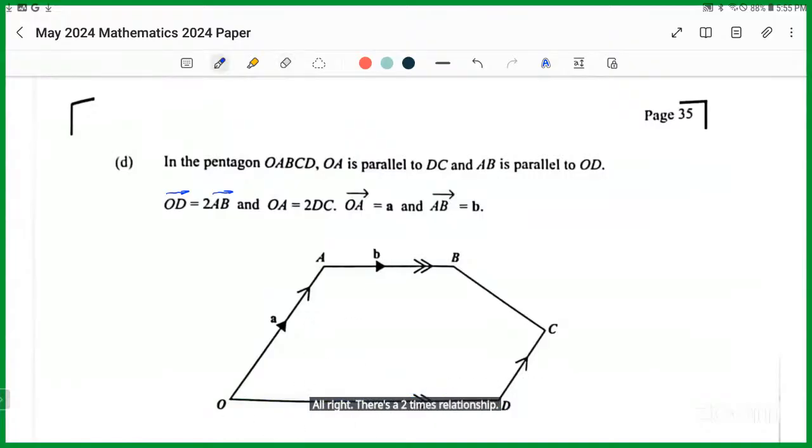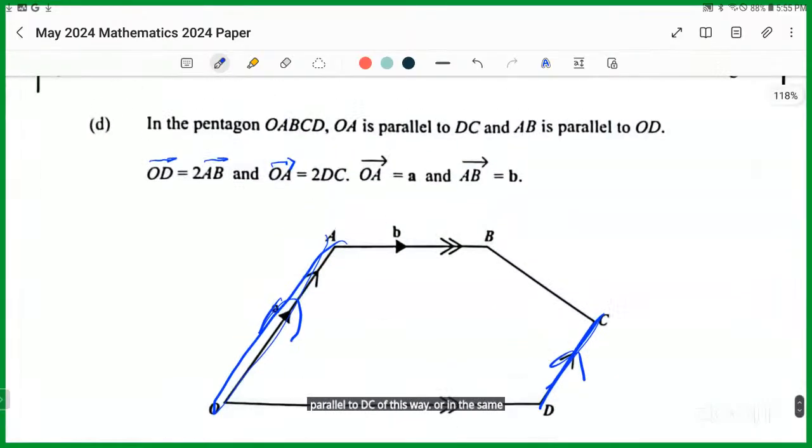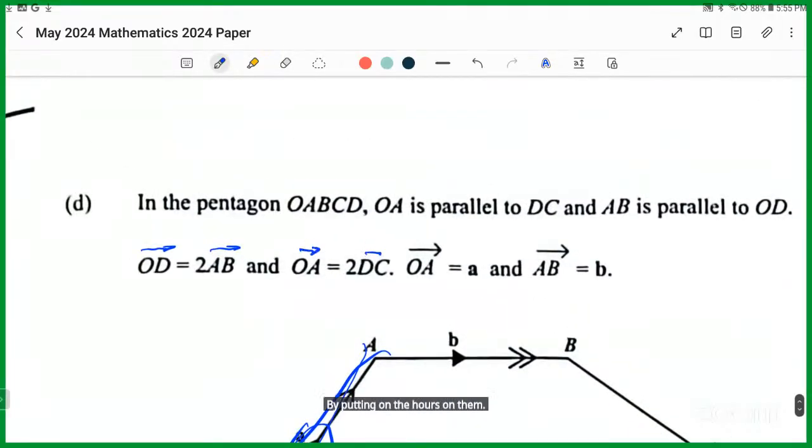And similarly, OA right here is parallel to DC, going in the same direction, and because this is a scalar equation, I can turn it into a vector equation by just putting on the arrows. Simply because the direction of O to A is the same as from D to C. Similarly, the direction from O to D is the same as from A to B, and that's why I can put on the vector notation and turn them into vector equations.